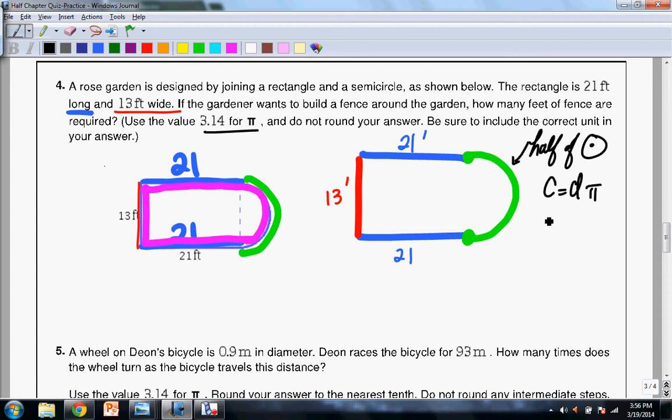So for half a circle, we're going to go d pi over 2. That gets us the green. Once you have the green, you simply add up the 21, the 21, the 13, and that half circle.